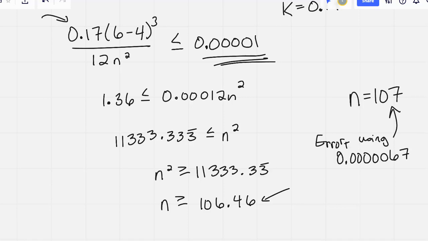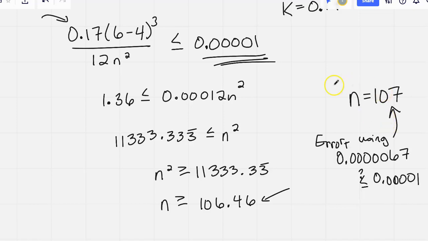Is that less than 0.00012? Or, I did that wrong, I grabbed the wrong thing. Is it less than my original criteria of 0.00001? And yes, it is. It has an extra 0 there. It is smaller, so it worked out well.